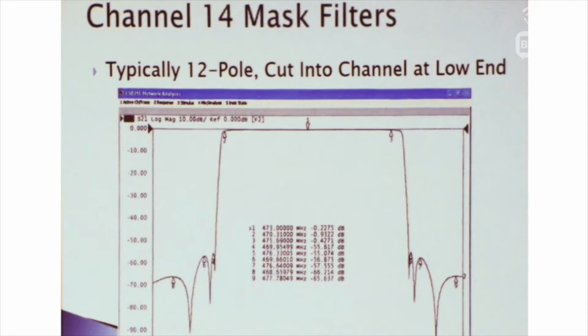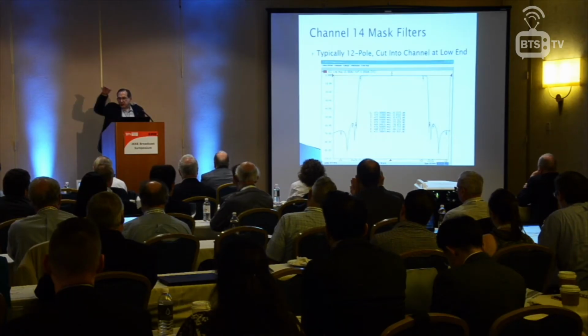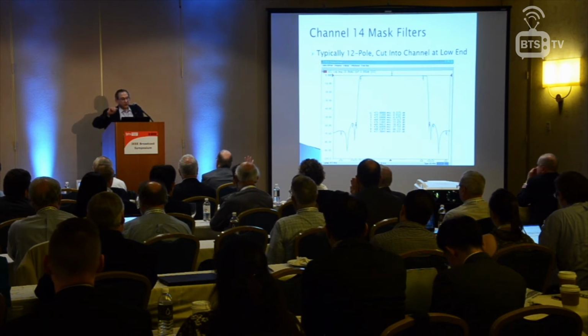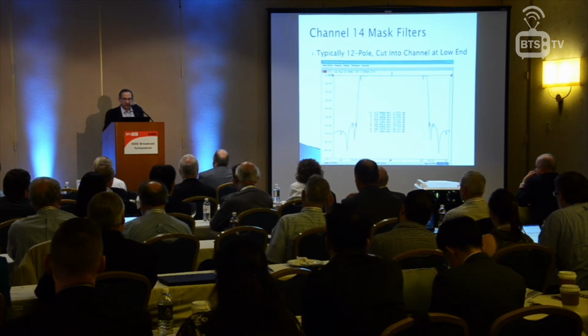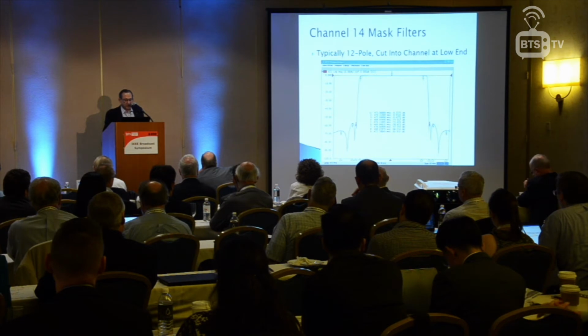And so from the edge of the channel 14 signal downward, this filter does not exceed about minus 55 dB. And you combine that like we did earlier with the intermod products, and you'll see that that is down in the minus 100 and something range right away. Unlike the typical mask filter where you have to be down 110 dB from channel power 6 megahertz away, that is one channel away, in order to protect land mobile, you have to be down much more quickly.